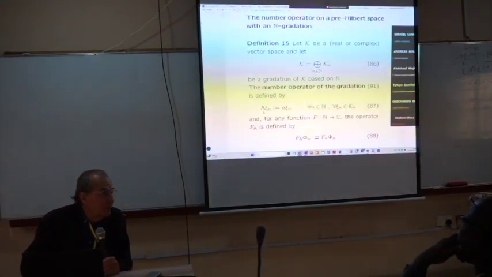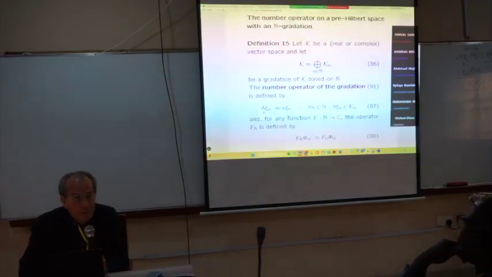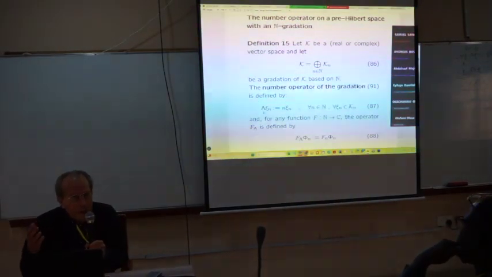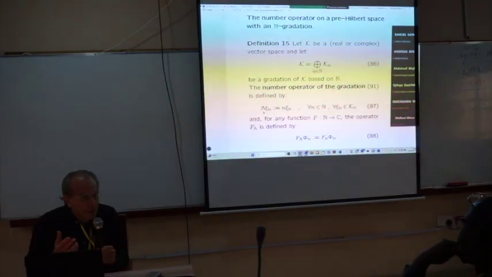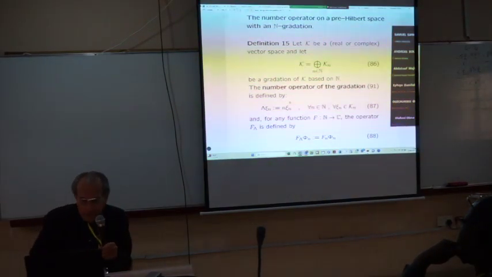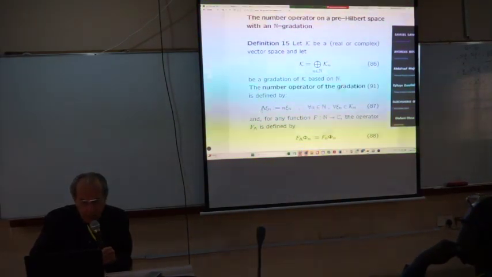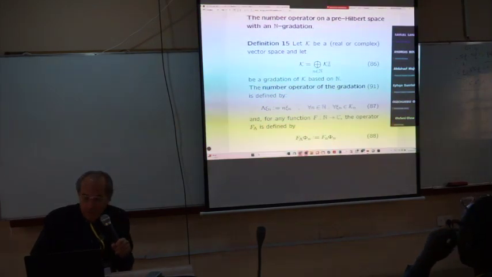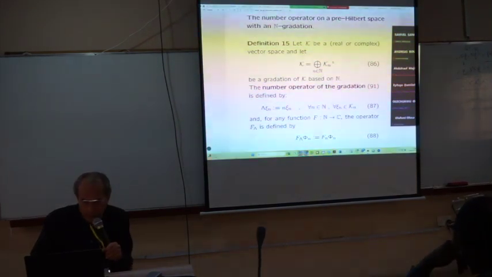This number operator in physics plays a very fundamental role. It is essentially the generator of the so-called free dynamics. So it's very important. And how do you define it? Very simple. If you have an element of the nth space of the gradation, this operator is identically equal to n on the subspace of the nth gradation.